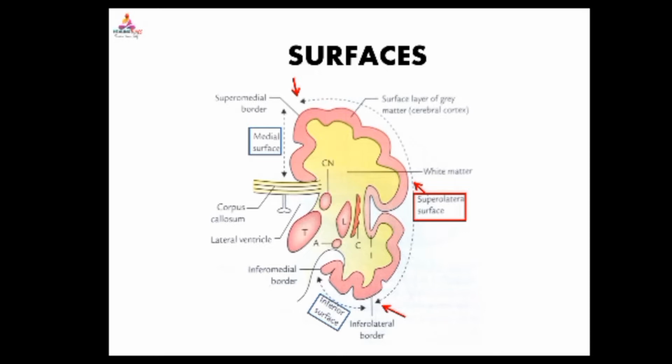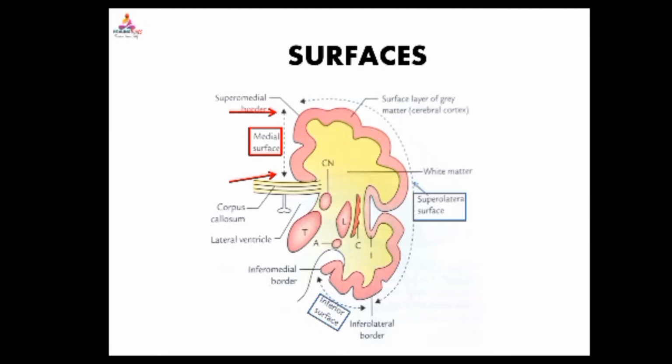It faces upwards and laterally and conforms to the corresponding half of the cranial vault. See the surface, the red arrow marks start from the higher point to the lower point. This is the superolateral surface.